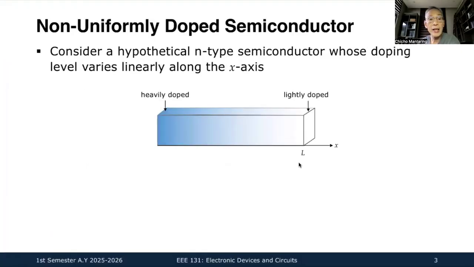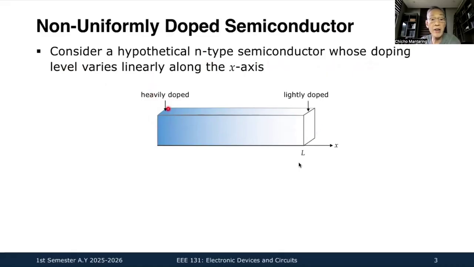Let's consider the case where you have a non-uniformly doped semiconductor. This is a hypothetical case, a hypothetical N-type semiconductor whose doping level varies linearly along the x-axis. So imagine this semiconductor bar.